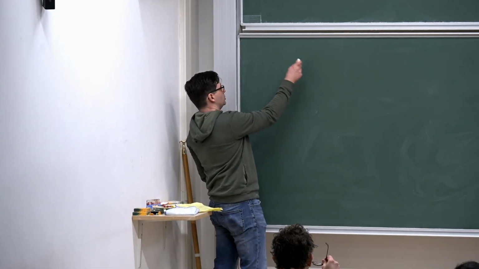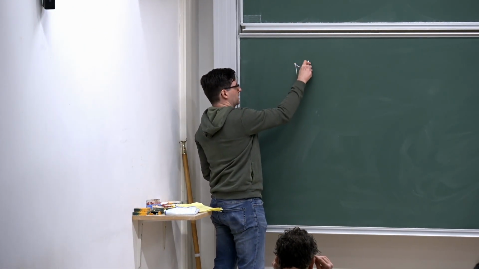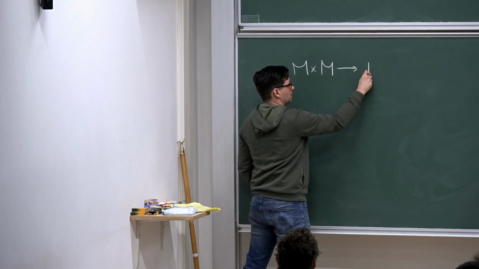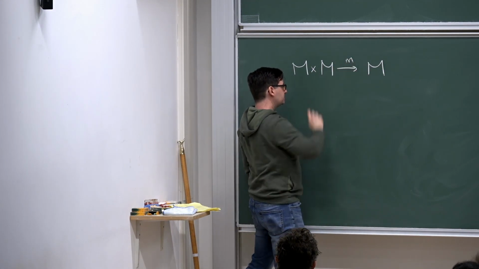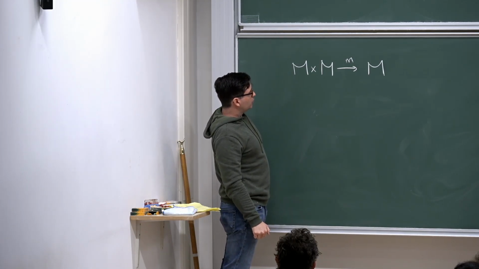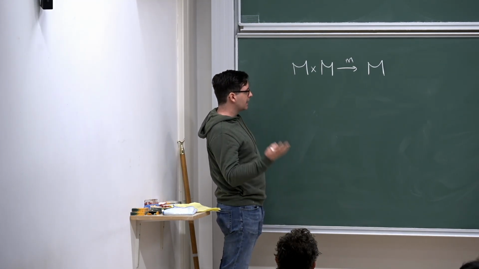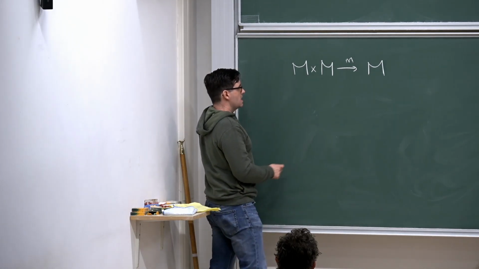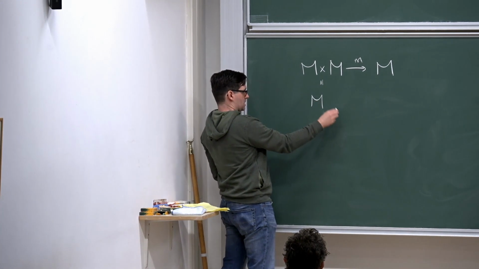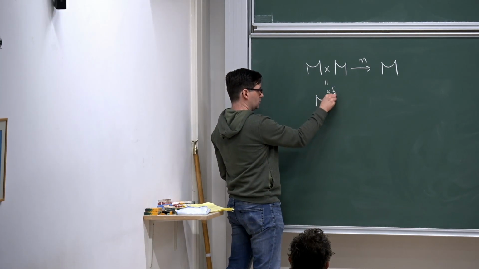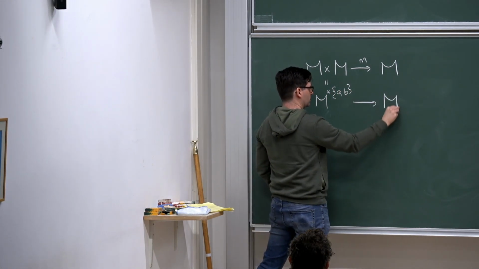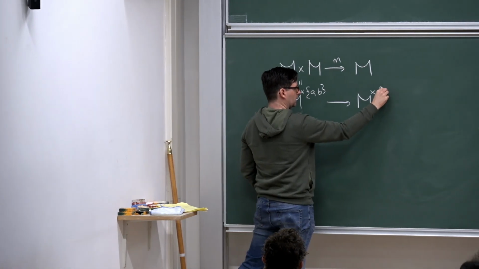So if I start with just my multiplication, well, this is a map from M cross M back to M. And I can encode all of the properties like commutativity, like associativity, diagrammatically. And remember, this is just M crossed with itself to the 2-point set, going back to M crossed with itself to the 1-point set.